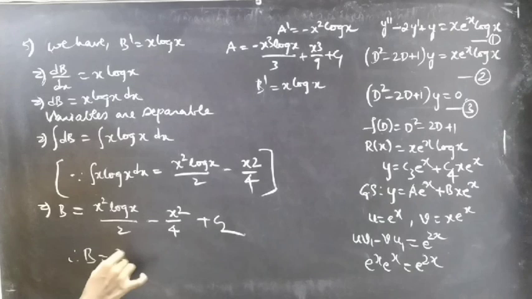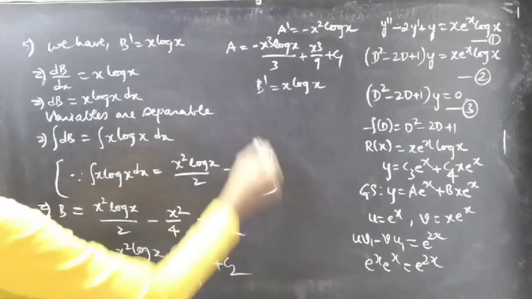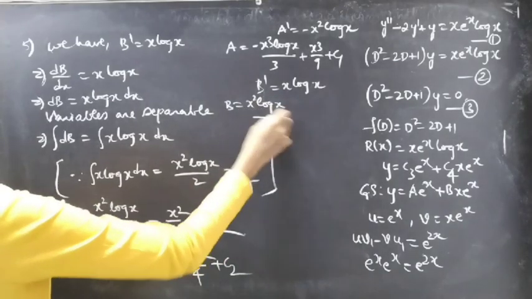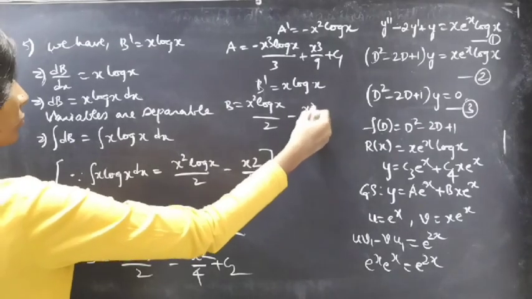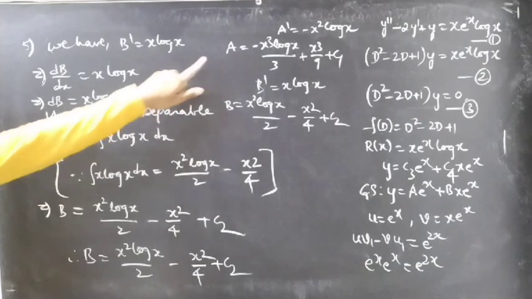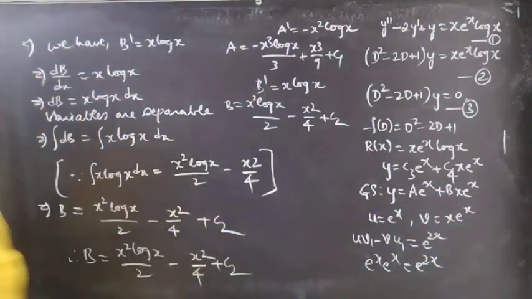Therefore, b equals x square log x by 2 minus x square by 4 plus c2. We got a and b. Let's now write the general solution using y equals a e power x plus bx e power x.